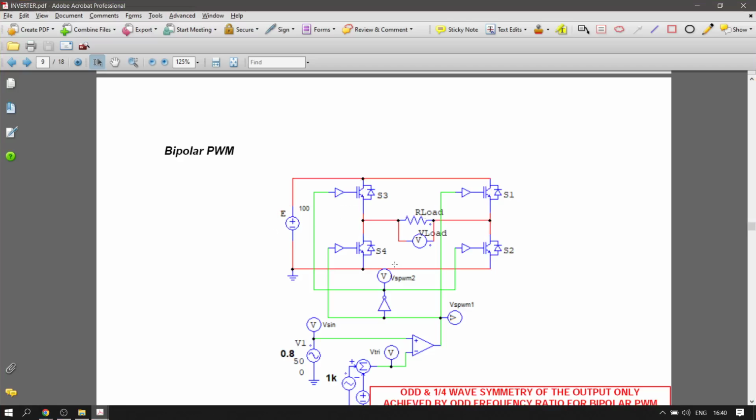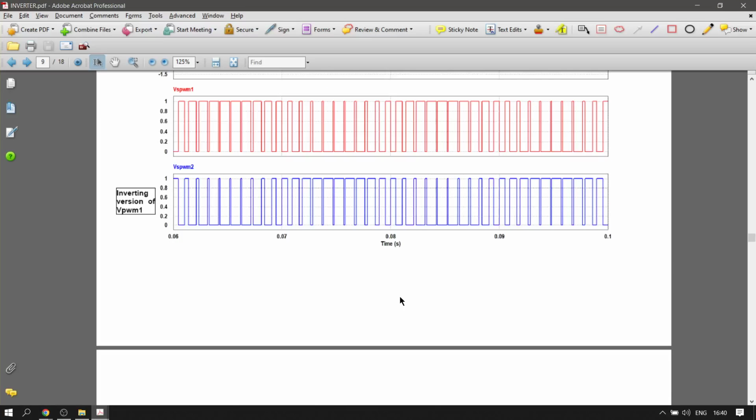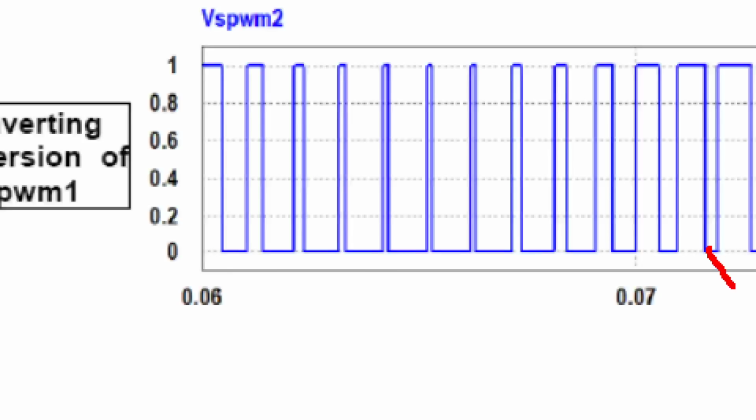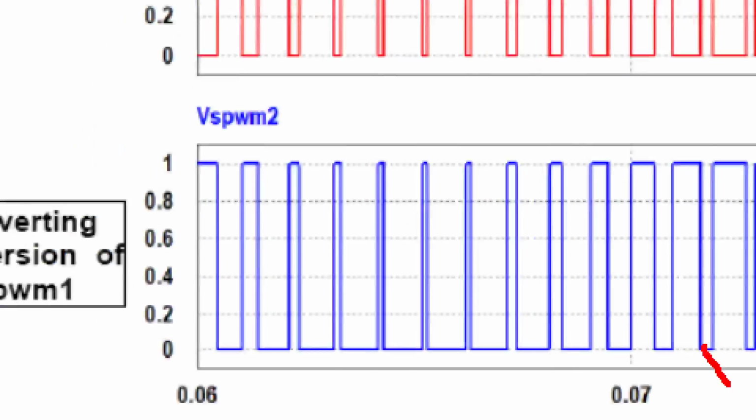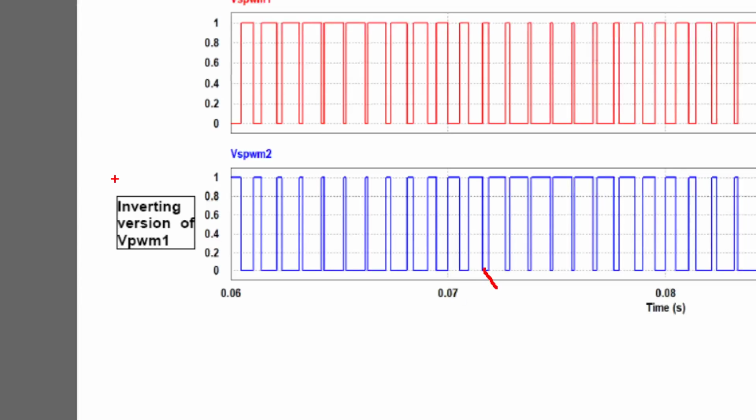So in practical, there is a dead time. It is called dead time. We're not going to discuss that here. What does dead time mean? It allows this switch to turn off, and then it will wait for a few microseconds before SPWM1 turns on. So between these two there is a dead time.